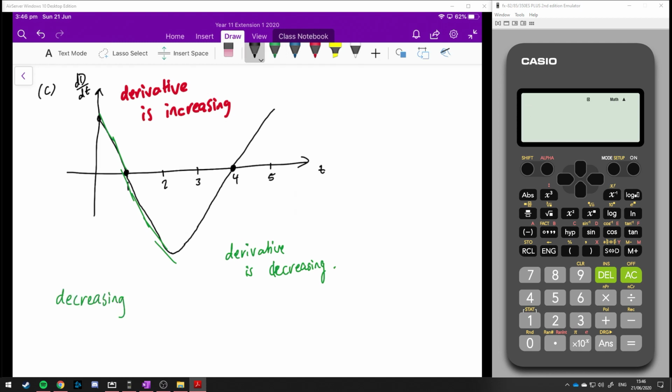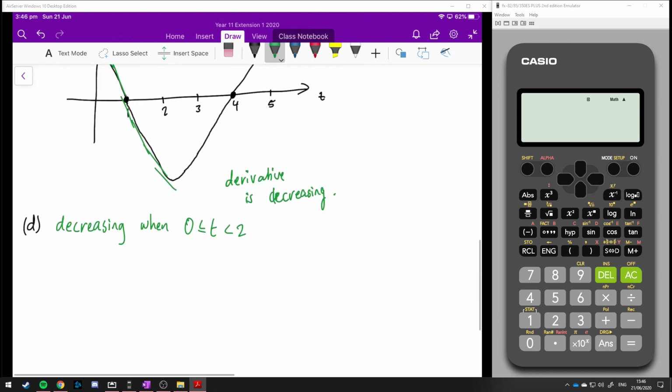This is part D. It's decreasing when t is between 0, including 0, but not including 2. When it gets to 2, it's flat, so it's in fact stationary when t is equal to 2.